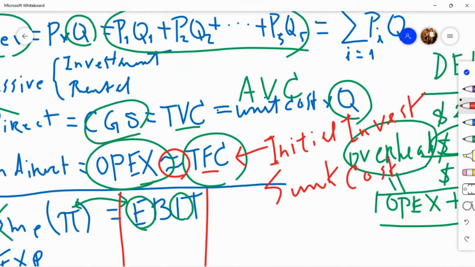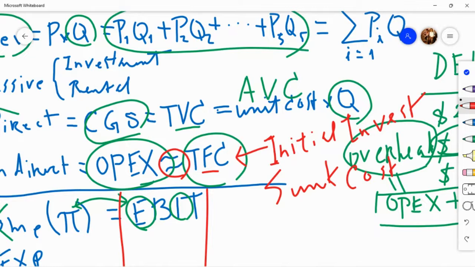Isn't that right? Once the initial investment is made, you cannot turn back and walk away, because then that $100 million is completely wasted. You will lose that $100 million, and then you still owe the bank $100 million, or whatever, $95 million or whatever.